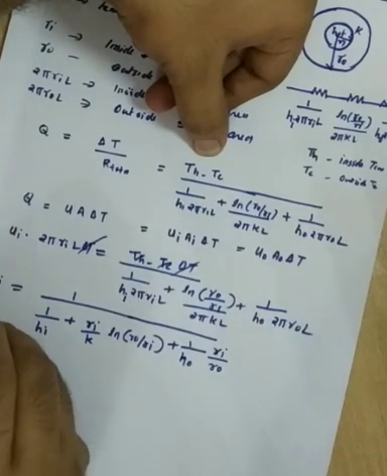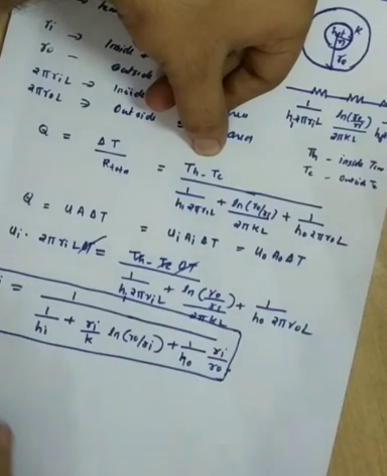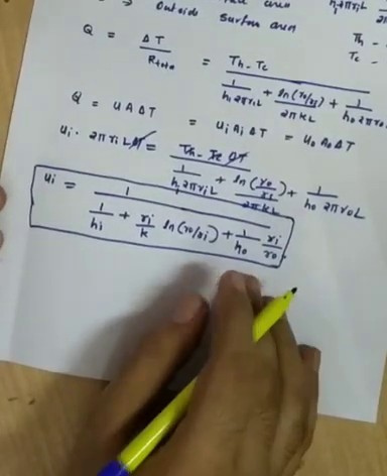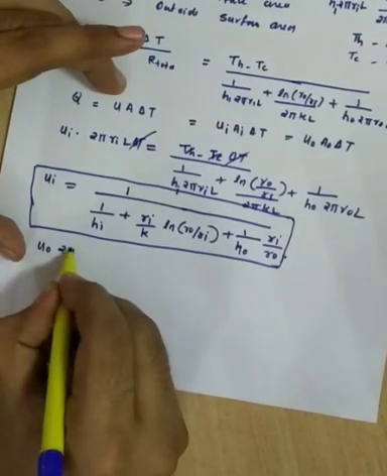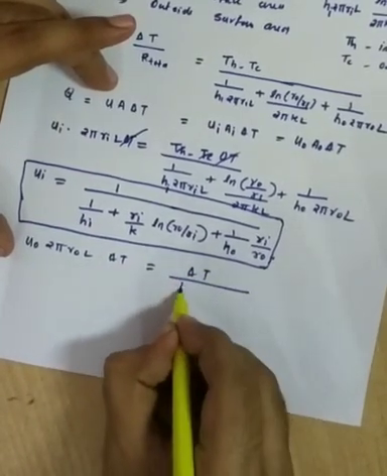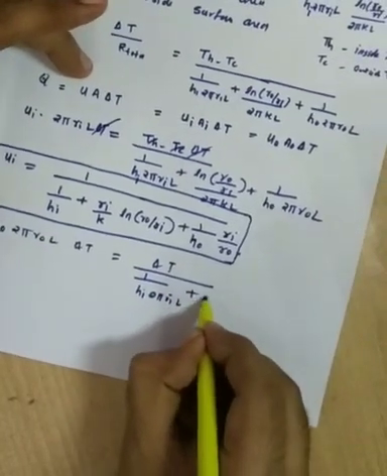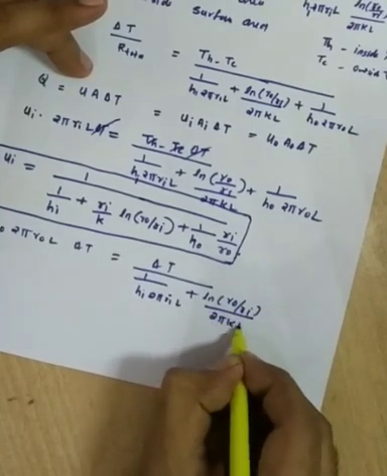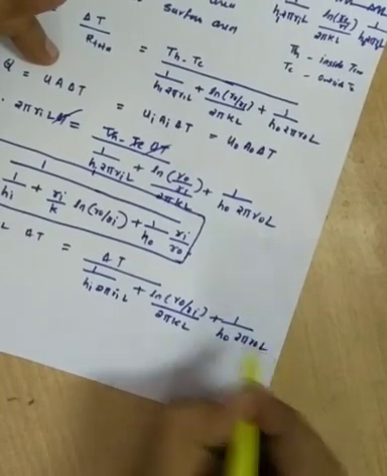So this is the overall heat transfer coefficient based on inside area. Similarly, we can find out the overall heat transfer coefficient Uo. 2 pi RoL delta T is equal to delta T by 1 by hi 2 pi RiL plus log Ro by Ri by 2 pi KL plus 1 by ho 2 pi RoL.